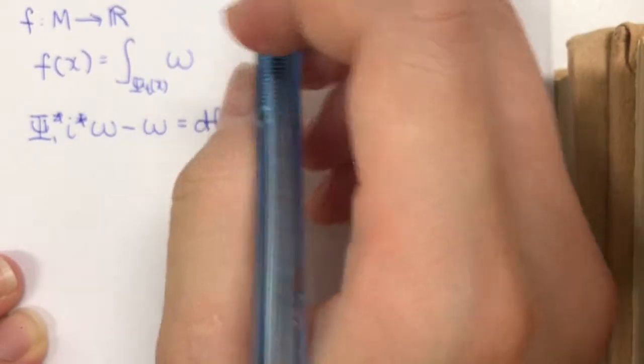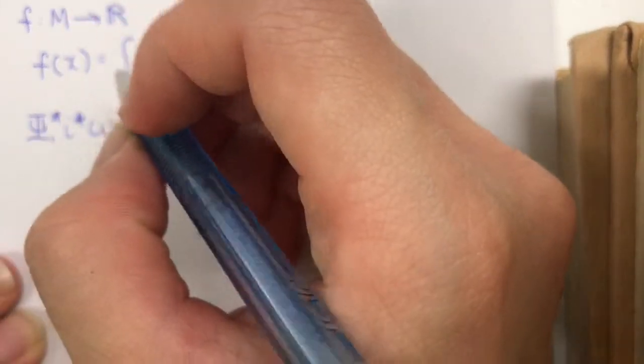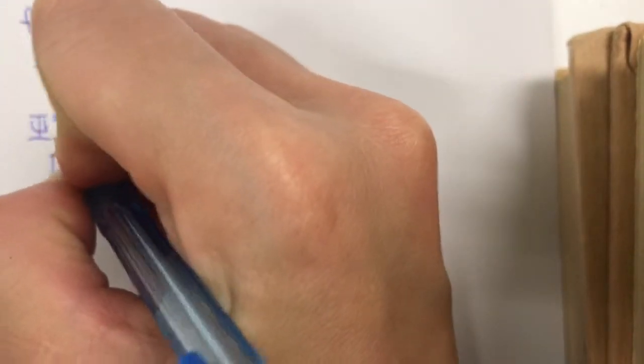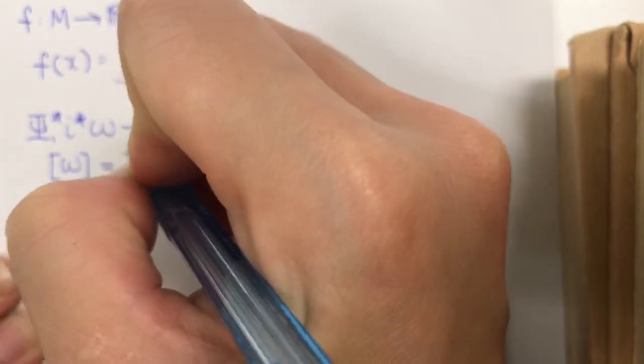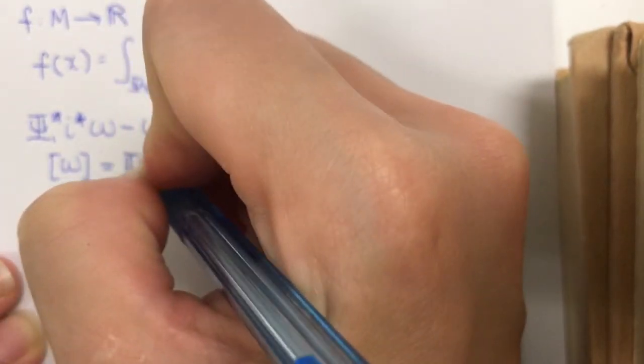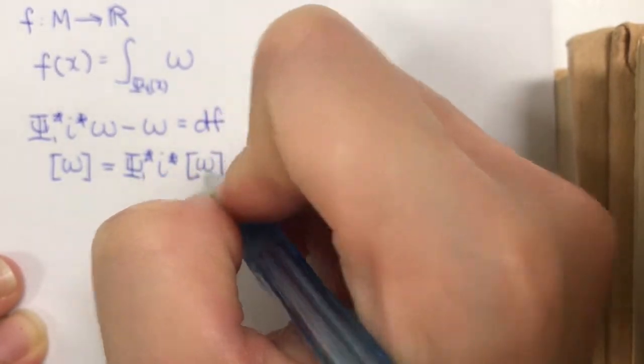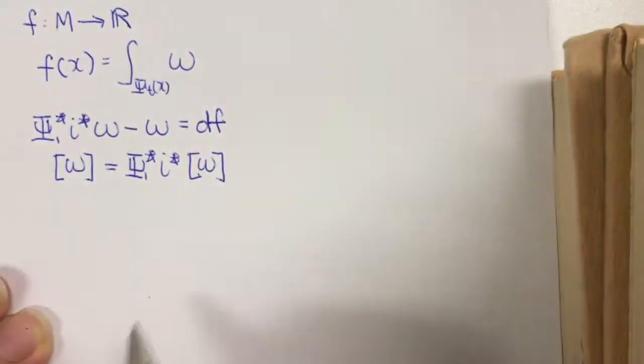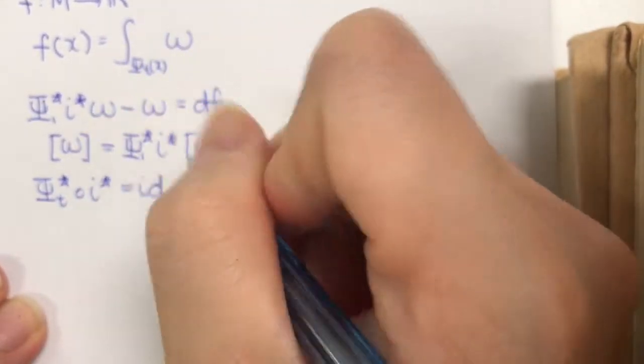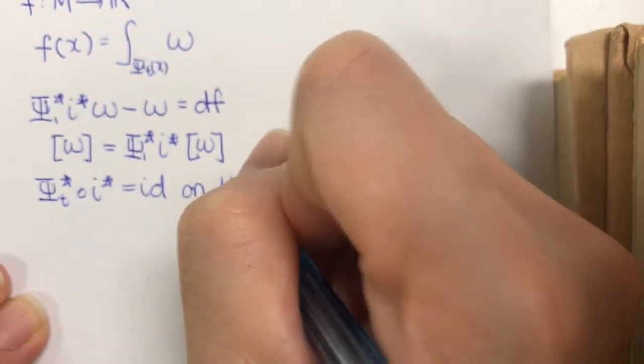This will further imply that the equivalence class of omega and the equivalence class of the pulled back omega are the same. And so this in turn implies that psi t star is the identity map on the de Rham cohomology group of M.